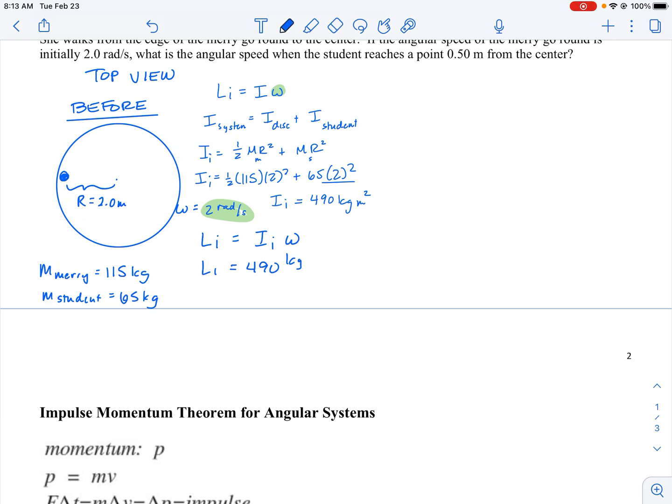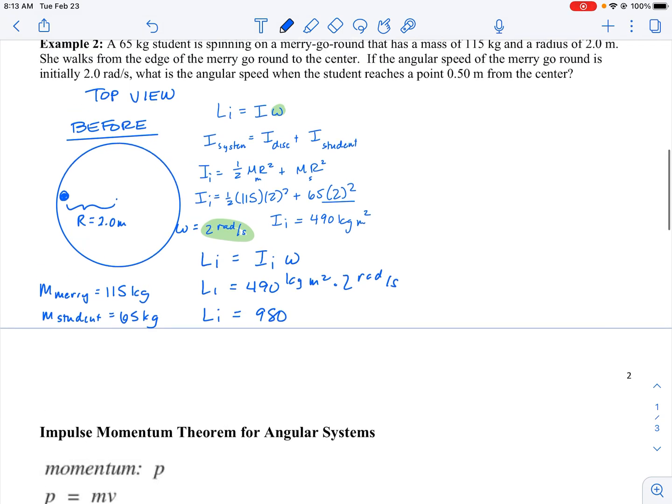I'm thinking of linear. Kilogram meter squared times the speed. The speed was 2 radians per second. I'll multiply that together, and the initial angular momentum is 980. The units for this are still kilogram meters per second.